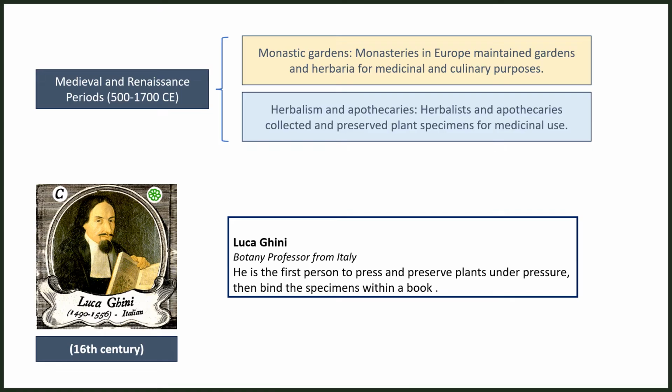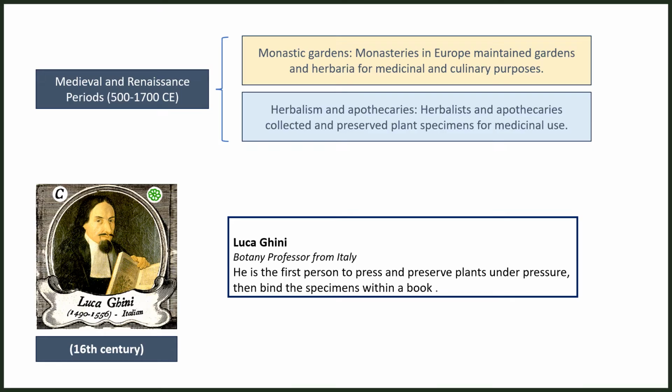After that, during the 16th century, was the initial part where the herbarium was initiated. This was by Luca Ghini, an Italian scientist, a botany professor from Italy. What he did was preserve the plants in a particular way.